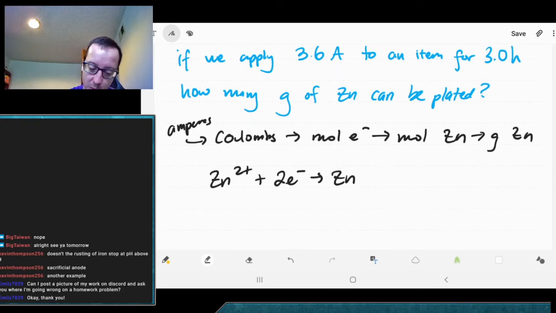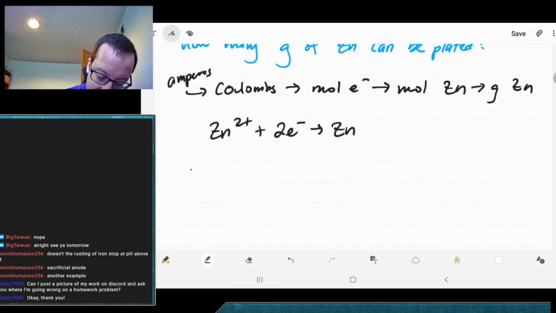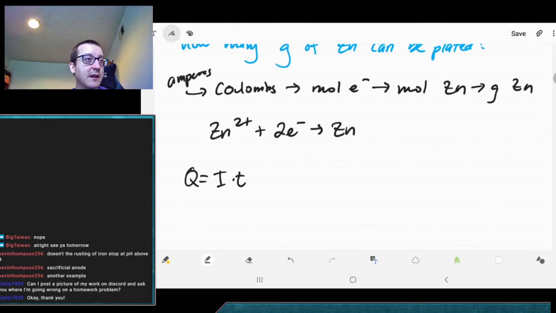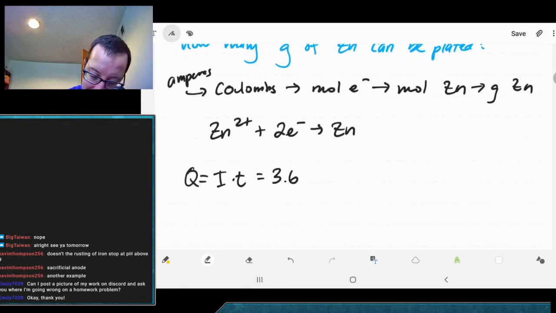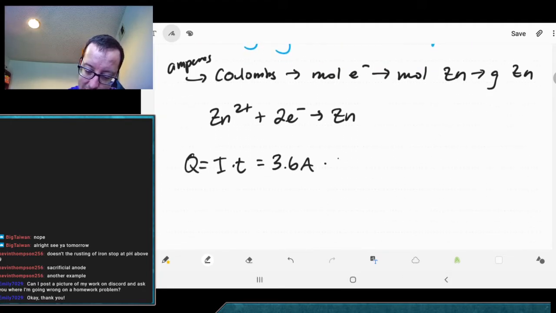So we're going to see that the coulombs here, the charge, is going to be equal to the current times time. We have 3.6 amperes times, I guess, 3 hours. So we need to convert our hours into seconds.